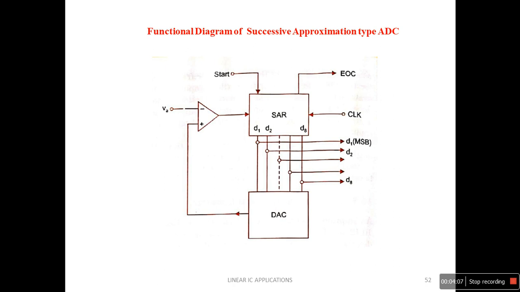Before going to discuss in detail, I would like to give a small procedure of how it works. After that, I would like to explain with a small example, maybe a 3-bit one. First, initially, with the arrival of the SOC signal, also called the start signal, SOC meaning start of conversion, this SAR sets the MSB, that is D1 equal to 1, with all other bits equal to 0.